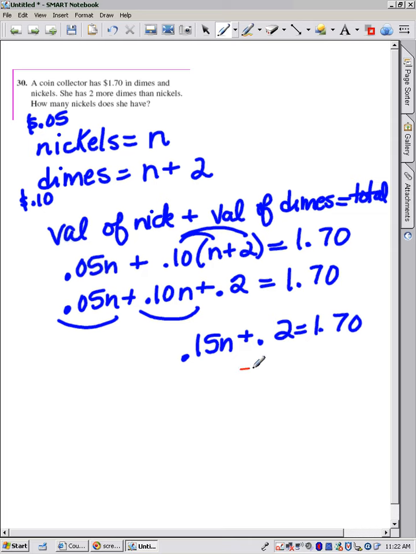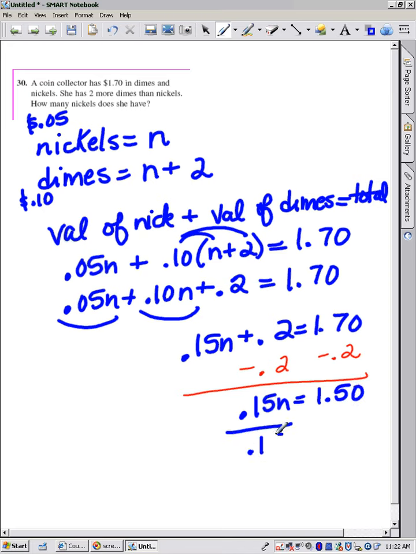We can subtract 0.2 from both sides, and that gives 0.15n is equal to 1.50. Now dividing, n is equal to 1.5 divided by 0.15, which is 10. So this tells us we have 10 nickels.